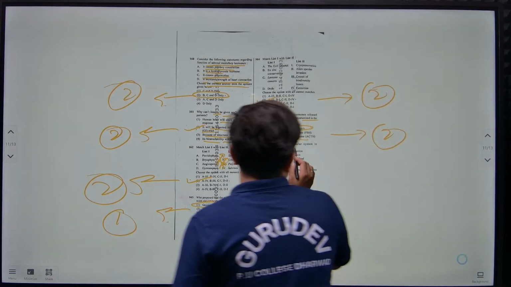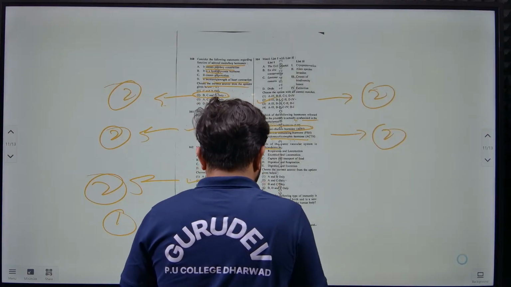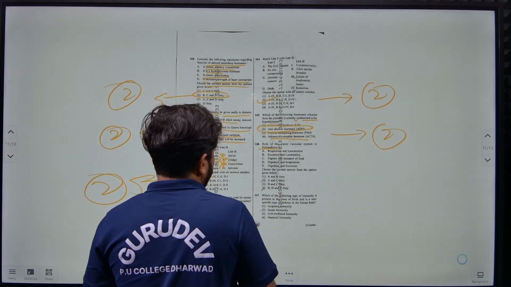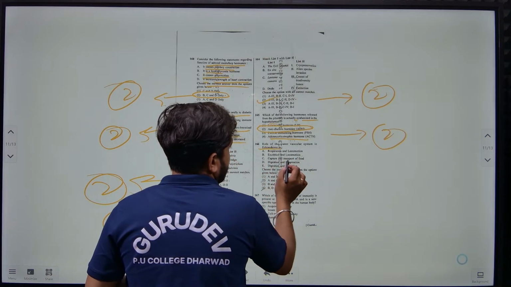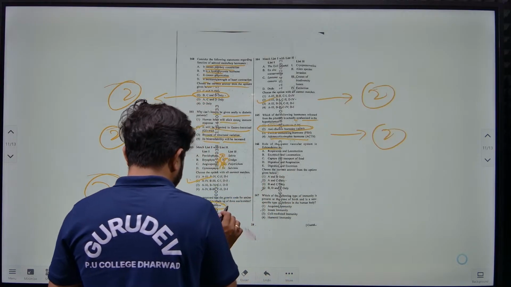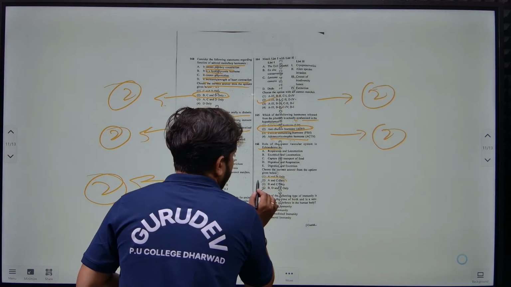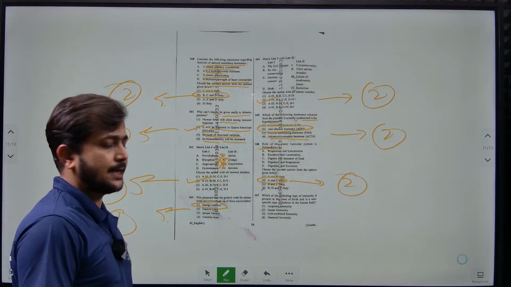Then role of the water vascular system in echinoderms: respiration and locomotion, excretion and locomotion, capture and transport of food, digestion and respiration, digestion and excretion. So according to this, A and C only is correct, that is option 2 is correct here.